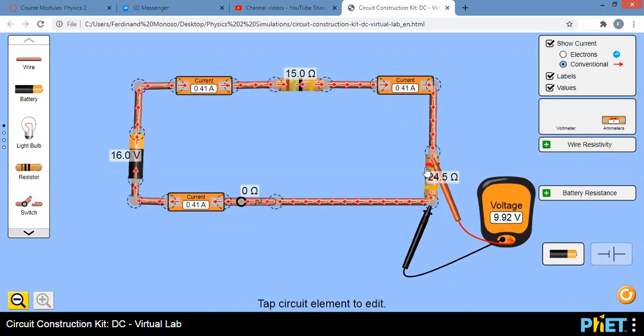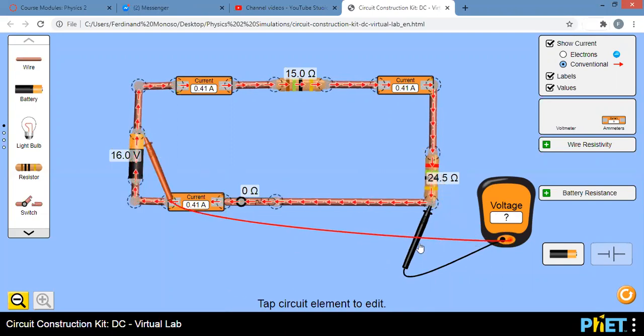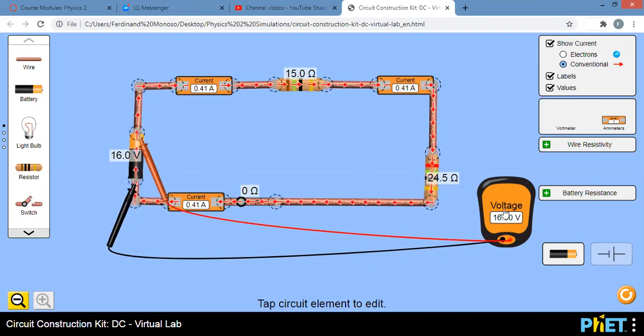So how do we get the V total? V total can probably be measured on our battery, and we will see that it will be 16 volts. Now your R total, you will be the one who will determine your R total. Yes, sir.